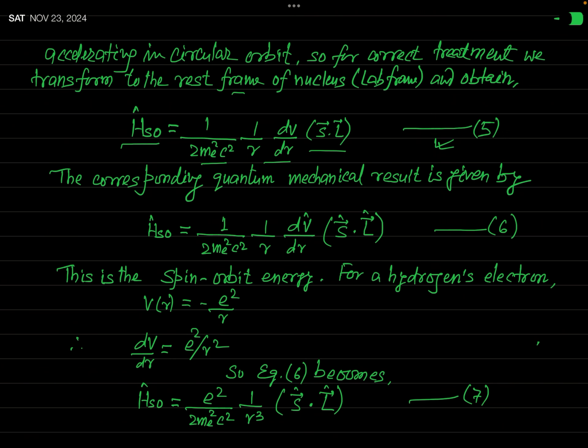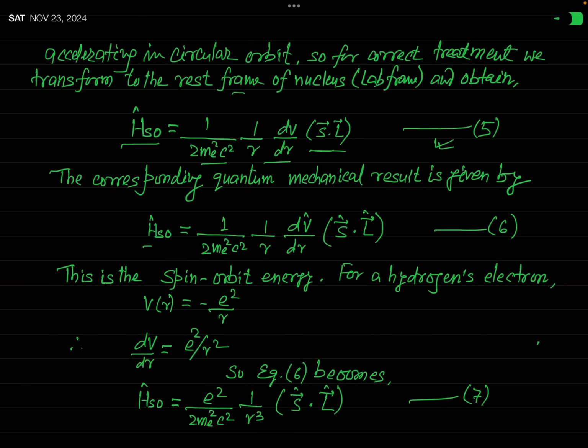So when you write the corresponding operators for all the observables in equation 5, this equation will be the quantum mechanical version of the expression for this interaction energy HSO. So we can obtain the corresponding quantum mechanical expression by replacing the dynamical variables or observables with the corresponding operators.